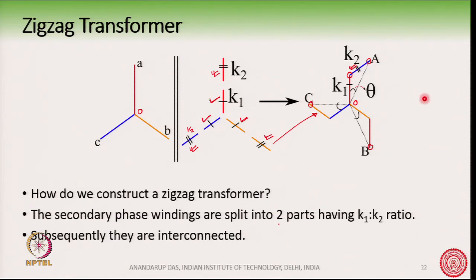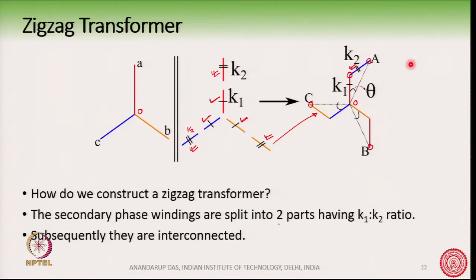And this is what the zigzag transformer does. And how much is this phase shift? This phase shift here is denoted by theta. Okay. This is the phase shift, and you can immediately recognize that this phase shift is dependent on the values of K1 and K2, right.